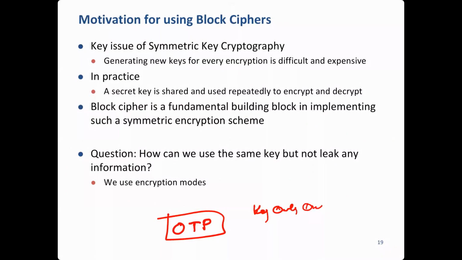That's the reason we are able to get IND-CPA security. But in practice we cannot use the key only once, so we have to use it a certain number of times.